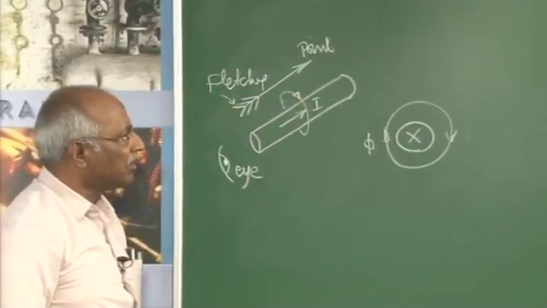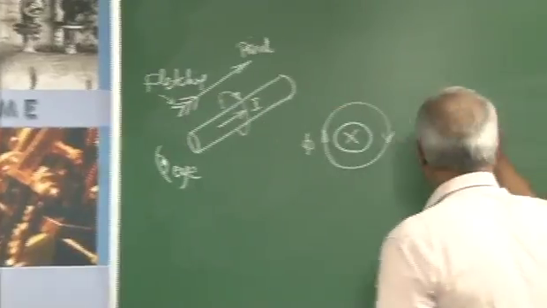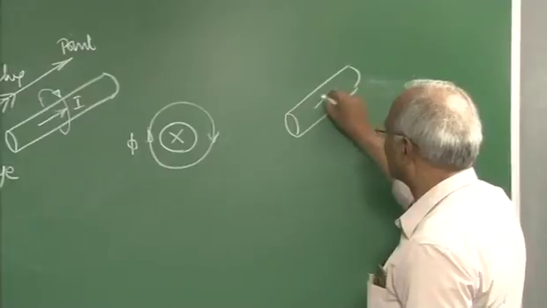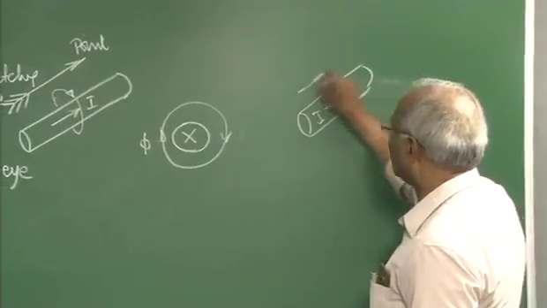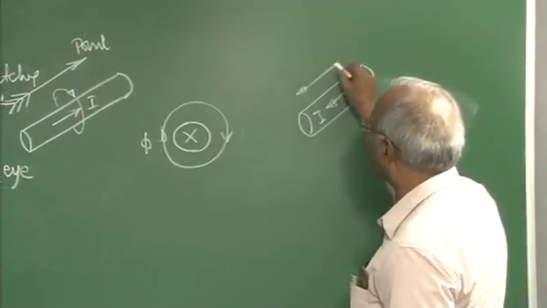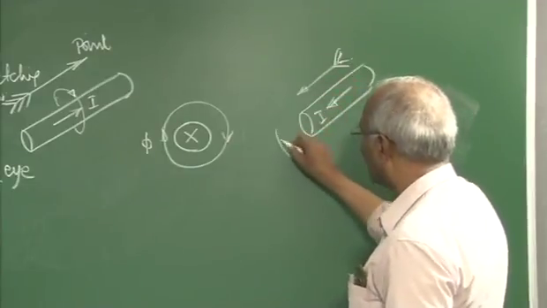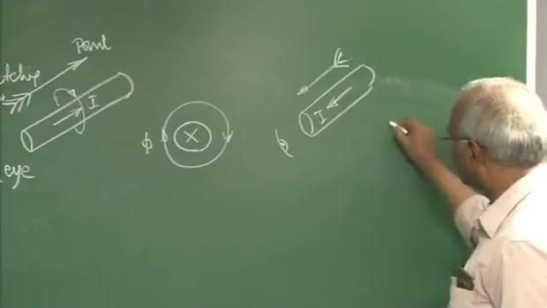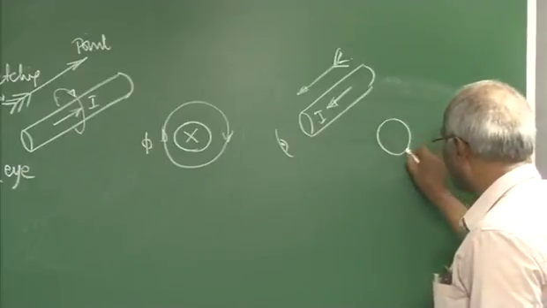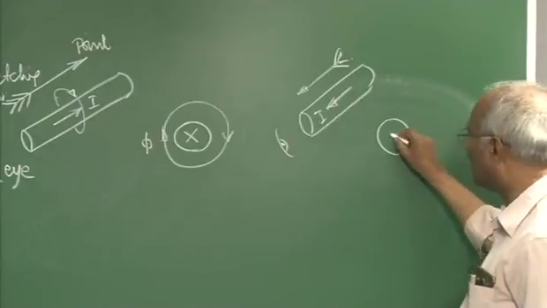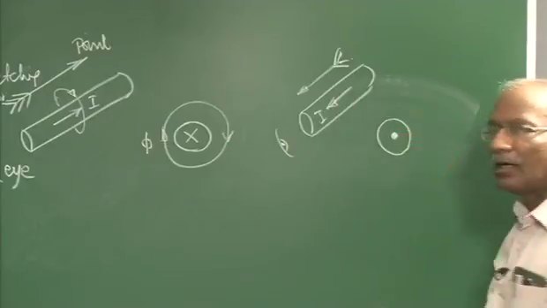On the other hand, if the current were to be coming towards the observer, this being the arrow, this is I, this is the conductor. The observer will look at the sharp end or the point, which can be denoted by a dot here.